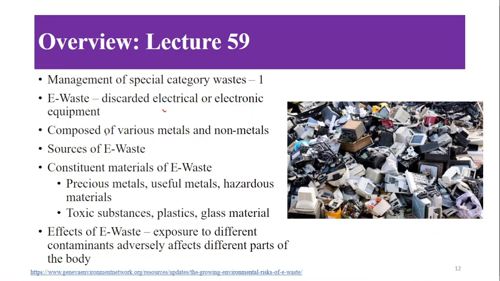So they are composed of various metals and non-metals, and roughly the concentration comes about 30% organics, 30% inorganics, which can be ferrous metals or non-ferrous metals, and 40% inorganics and 30% ceramics, which can be mica and so on.